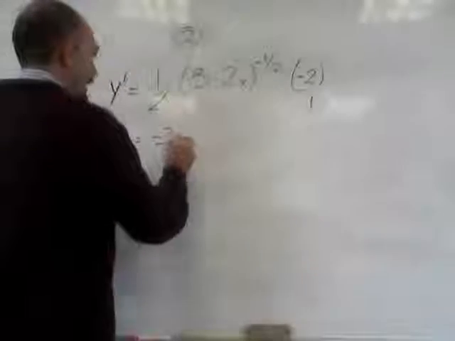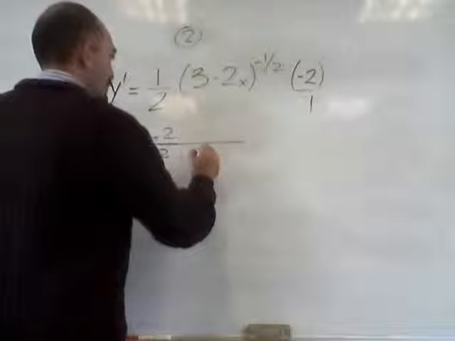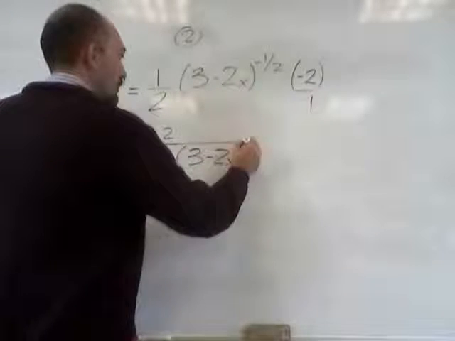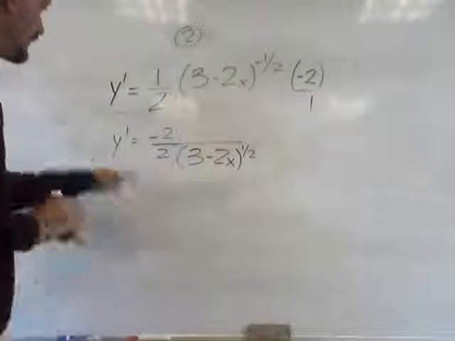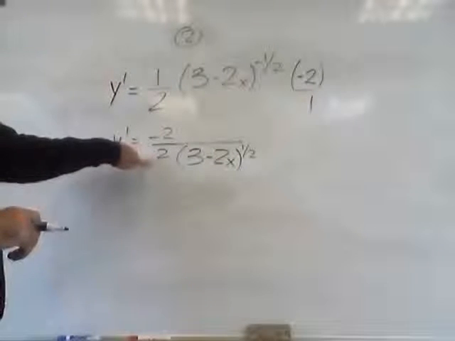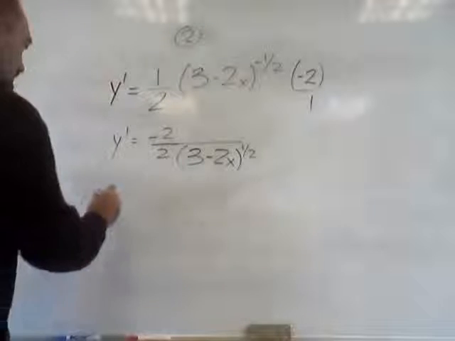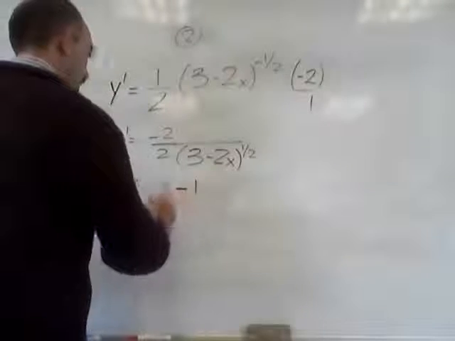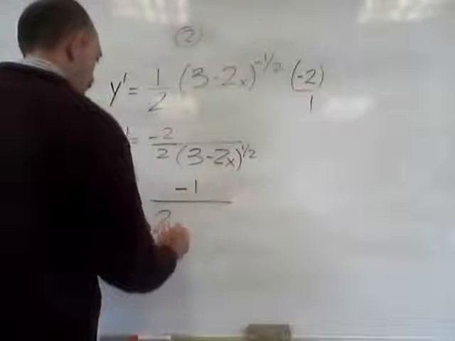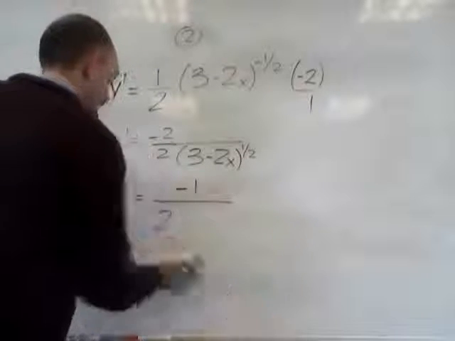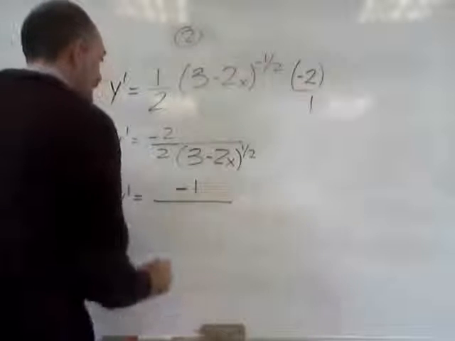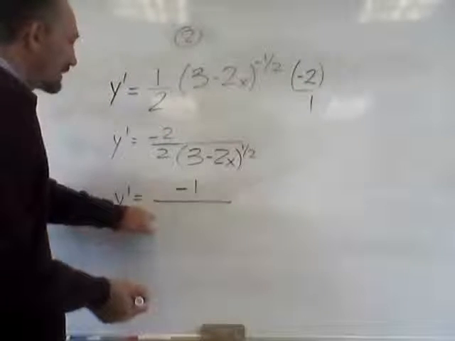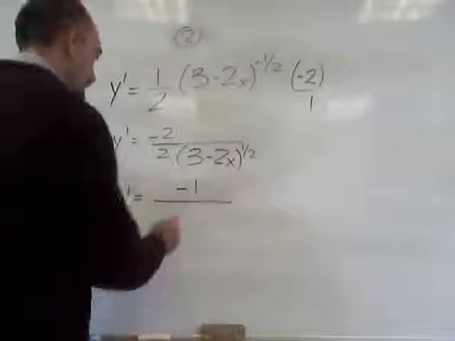So I will have 3 minus 2x all to 1. Now, negative 2 divided by 2 is negative 1. So I have negative 1, 2, sorry, my mistake. It's okay. I already made my division, so I no longer need to write down these 2.